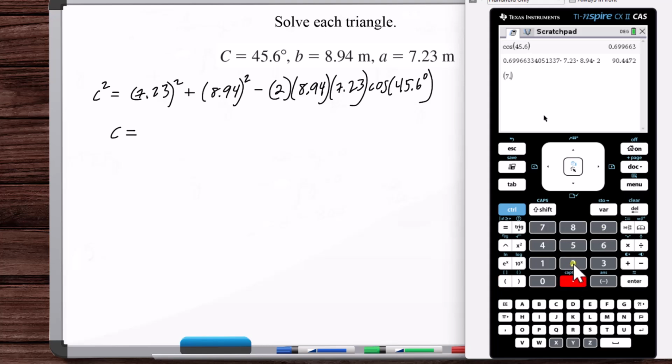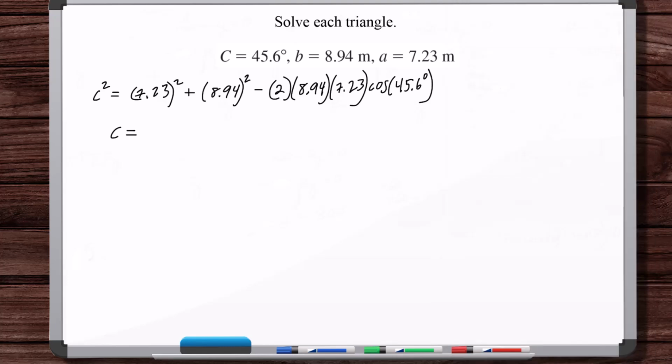Okay, 7.23 squared plus 8.94 squared. That minus that, and then take the square root of that. 6.46 meters.